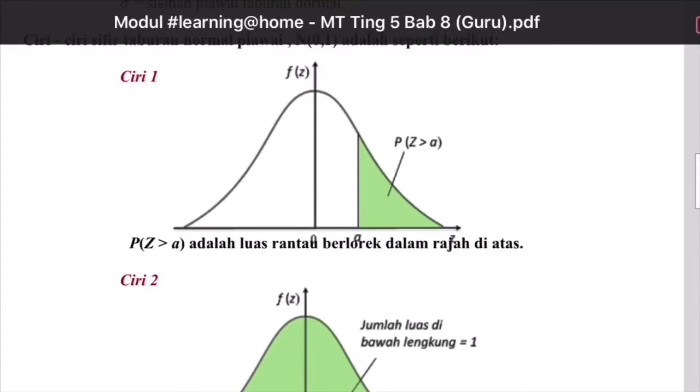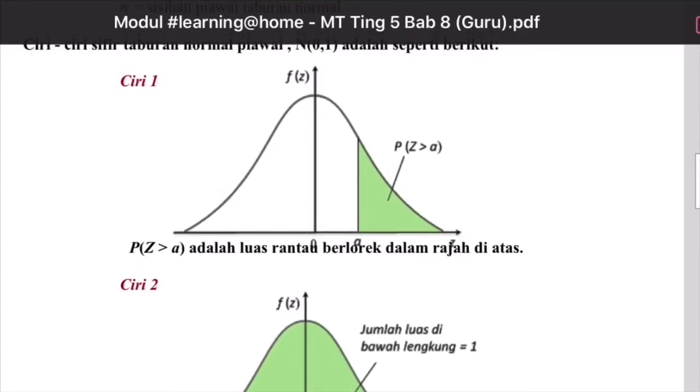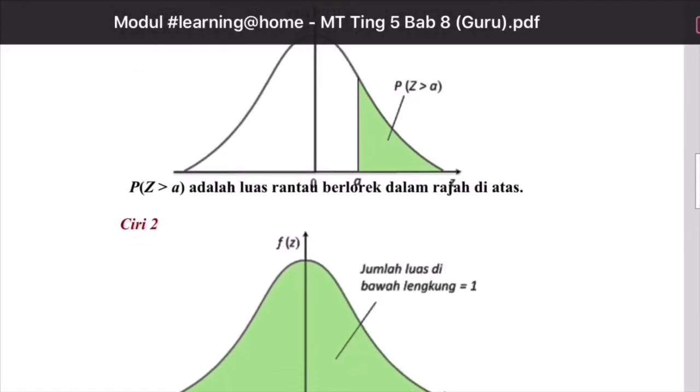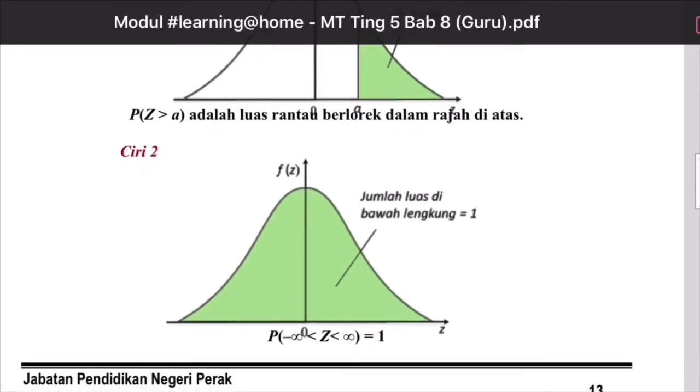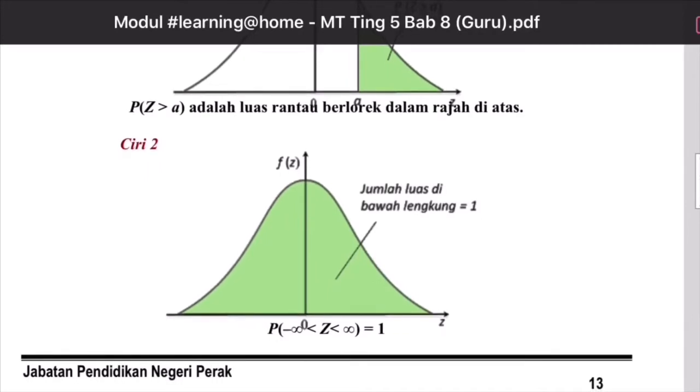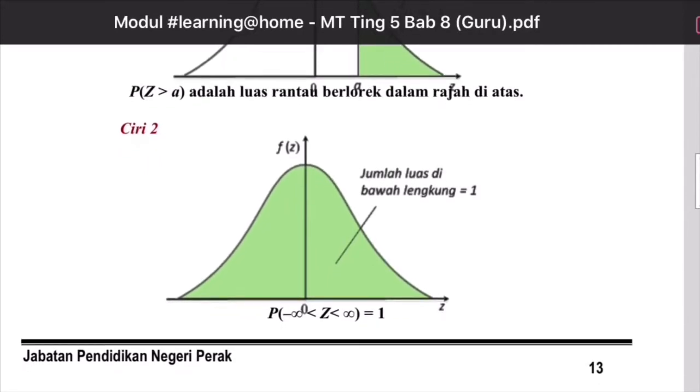So the characteristic of the bell shape is that the probability represents the area under the bell shape. The one shaded in green color is the area representing the probability for z more than a.